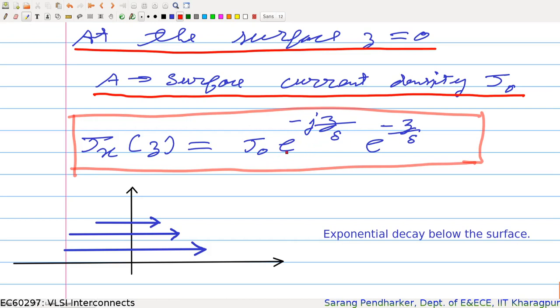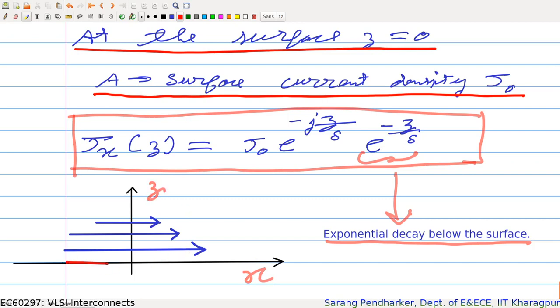So we can see that there is a phase term here as well. This does not contribute to the diminishing magnitude, but there is e to the power minus z by delta, and we can see that this current density exponentially decays below the surface of the conductor. So this was the surface of my conductor, right? This is x, this is z.